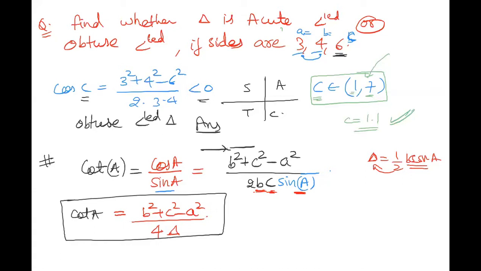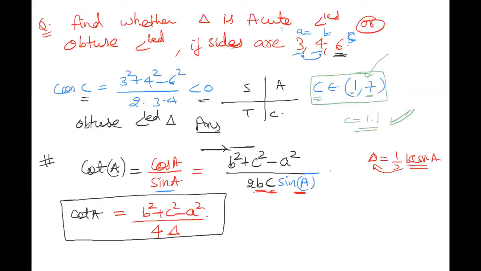Any doubt in this? So further, if you want to manipulate this, cot A is equal to b square plus c square minus a square divided by 4 delta. Darshini, this is the previous page. Prasanna, this is the page. Take a screenshot.